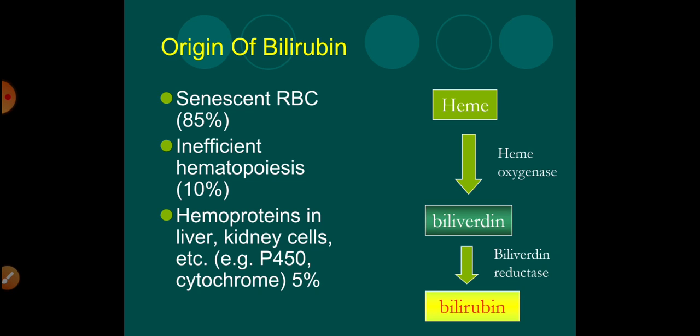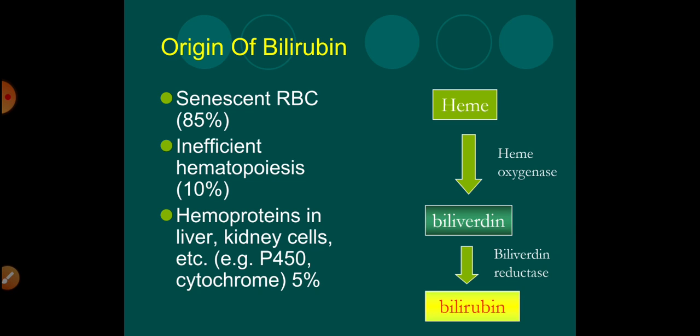And around 10% of the heme is derived from ineffective erythropoiesis occurring in the bone marrow. In ineffective erythropoiesis, the immature erythroid precursors are destroyed in the bone marrow by the mononuclear phagocytic cells in the marrow, and the heme so formed will enter the mononuclear phagocytic cells, where it will be metabolized.